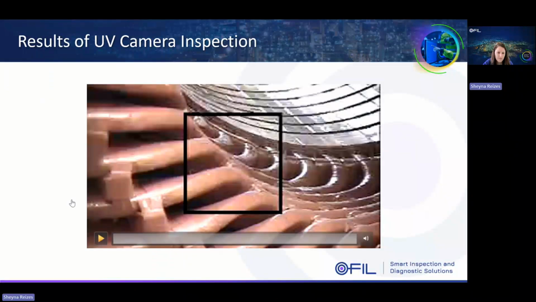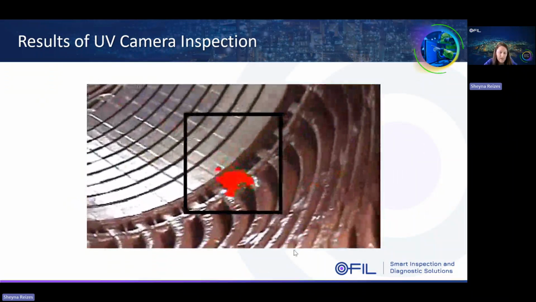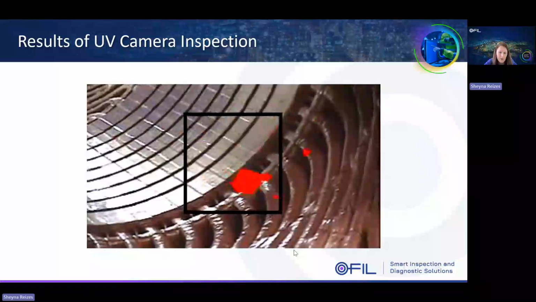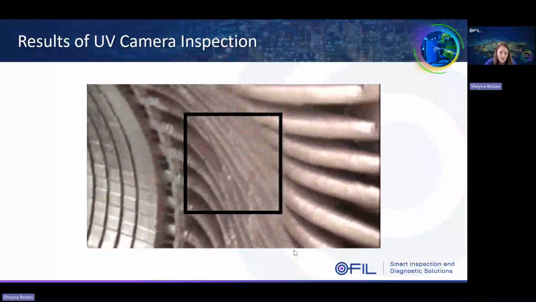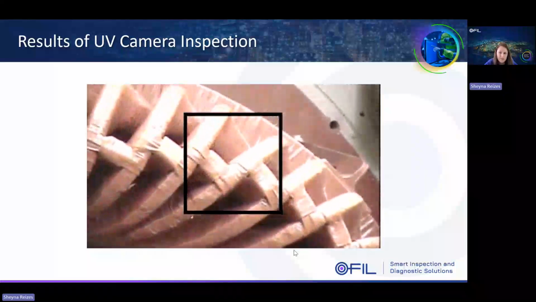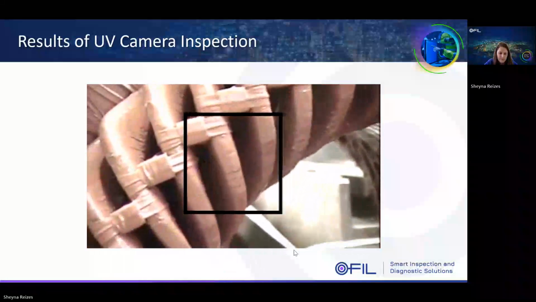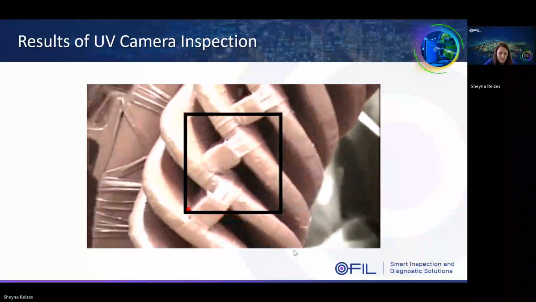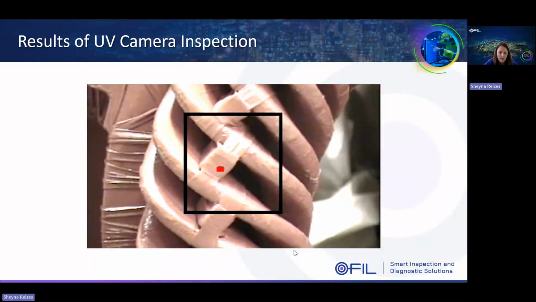And we can see here in this video how the UV camera scans the stator to find exact locations of where the PD is. So we see one spot, we'll continue the scanning. And we find another spot. Now we can fix the insulation in those specific points and verify the fix again with the UV camera.